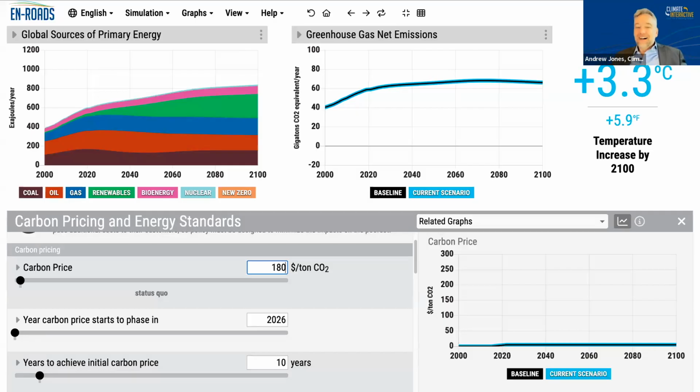What do you think that temperature would be if the whole world had a $180 a ton carbon price? Now, it's not going to touch methane and nitrous oxide and other gases, deforestation, but put a number in your head. What do you think temperature will go down to if I put 180 in here?